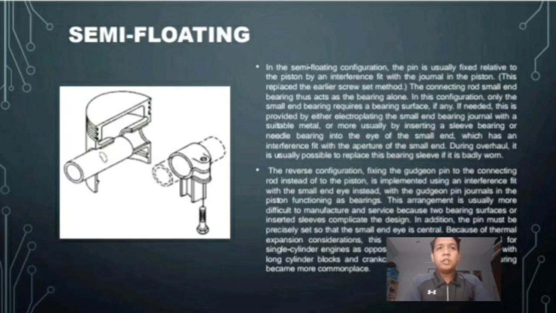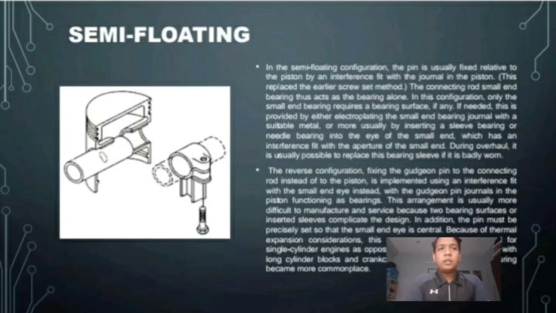The reverse configuration, fixing the gudgeon pin to the connecting rod instead of the piston, is implemented using an interference fit with the small end eye. With the gudgeon pin journals in the piston functioning as bearings, this arrangement is usually more difficult to manufacture and service because two bearing surfaces or inserted sleeves complicate the design.